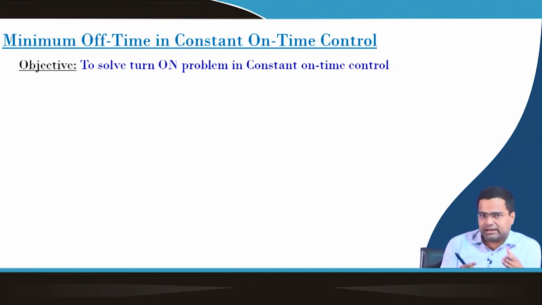This is particularly the case when, after the switch is turned off, we find the output voltage is below the reference voltage, then we need to turn on again after a minimum off time, and that has to be executed using an additional circuit.